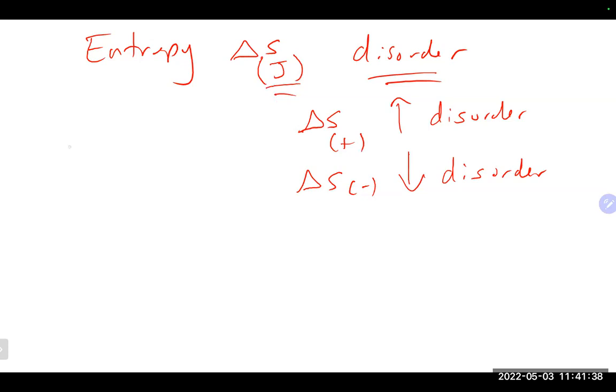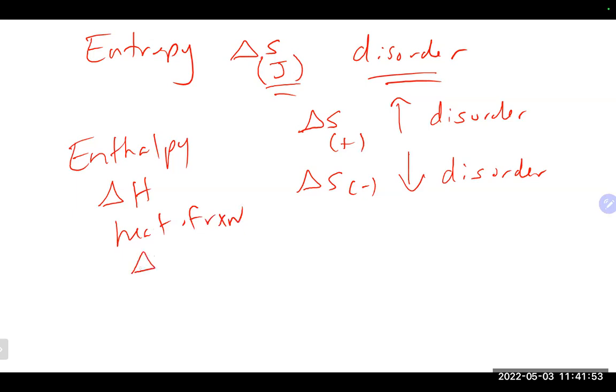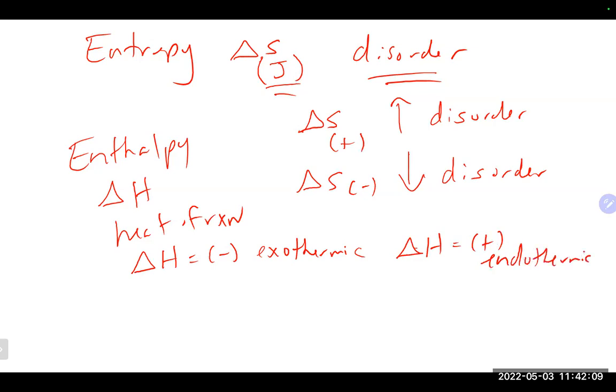We also refreshed a little bit about enthalpy, which you probably talked about in Chem 50, and that is the delta H value, and that's really the heat of a reaction. A reminder that delta H values that are negative are exothermic processes, which means heat and energy is released, while delta H values that are positive are endothermic reactions, which means heat and energy is absorbed.